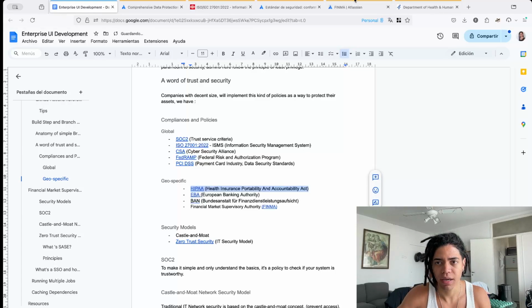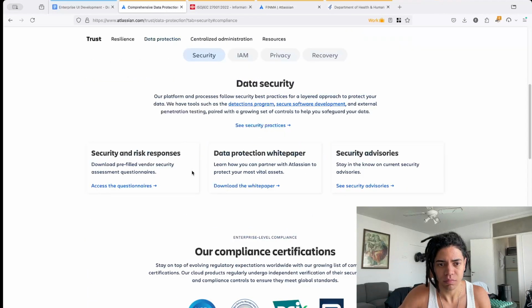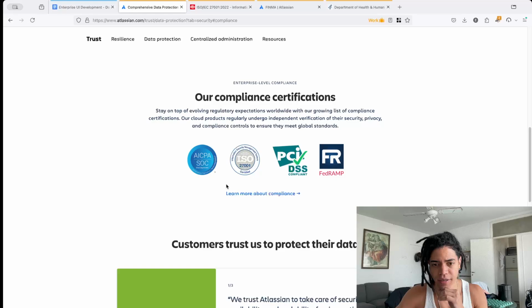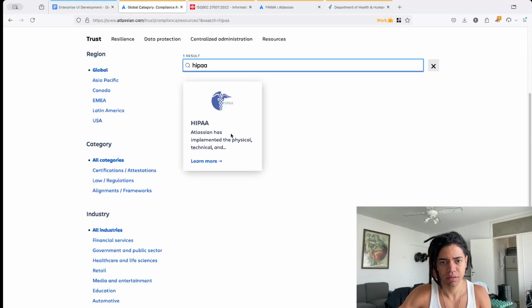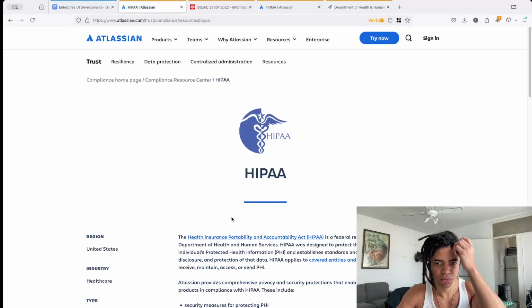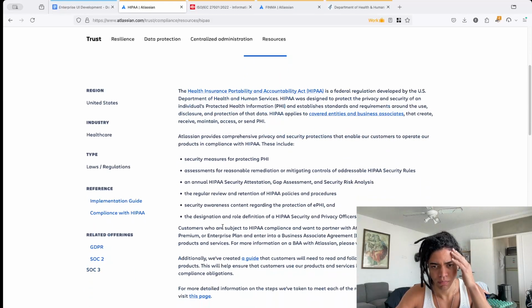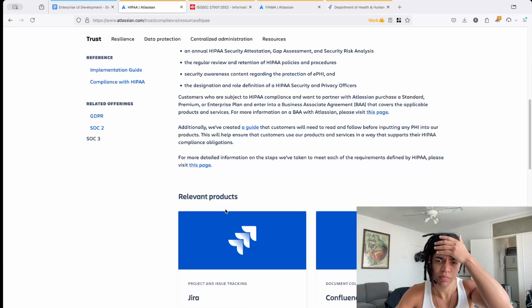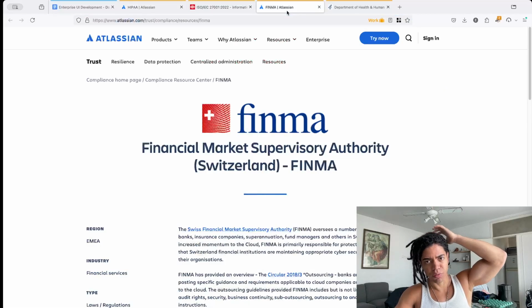But this one is more for the US. It's a federal regulation developed by the US, in the US, right?